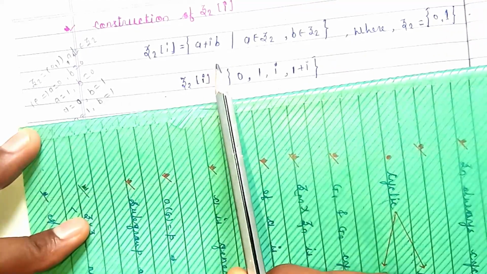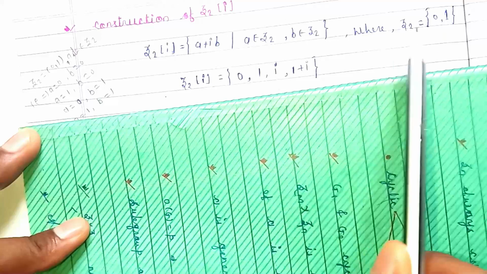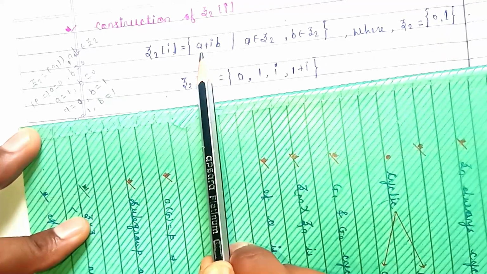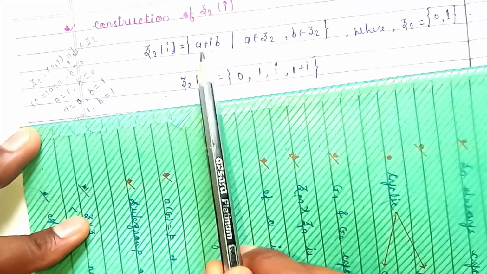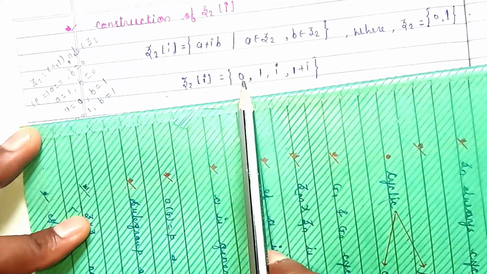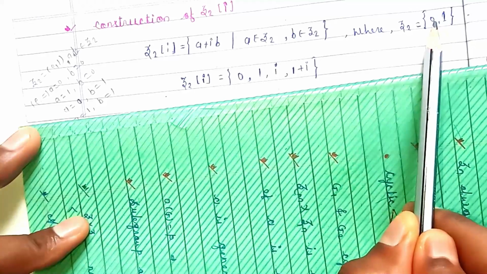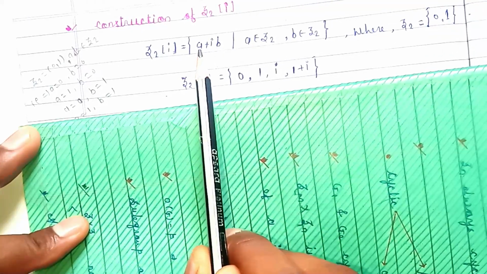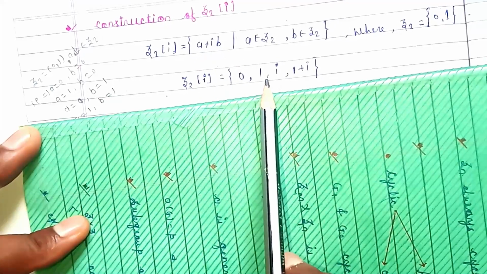Now substitute it here. If a is 0 and b is 0, then we get 0 plus 0i, that means 0. If b is 0 and a is 1, it remains 1 plus 0i, that means only 1.